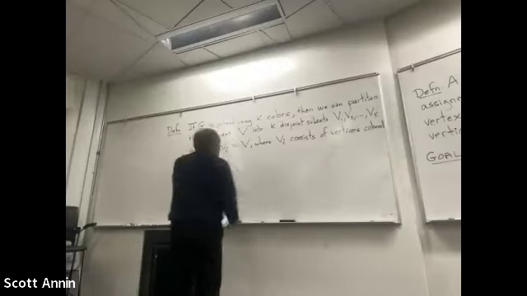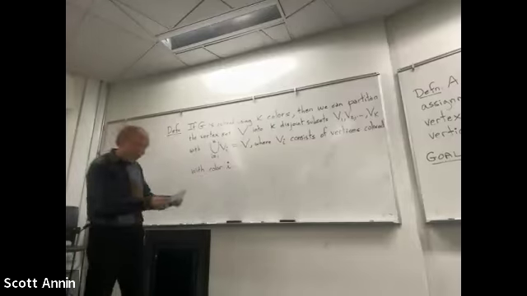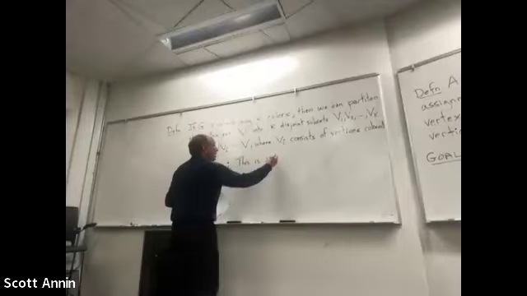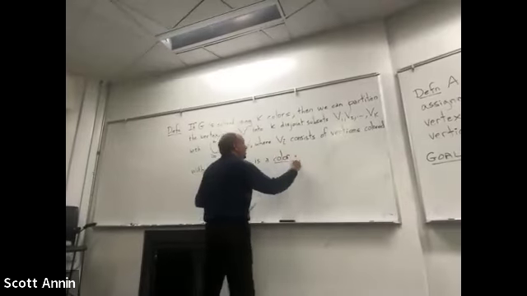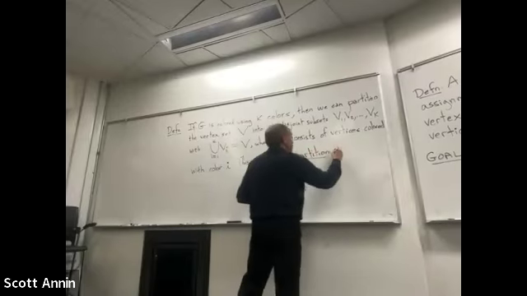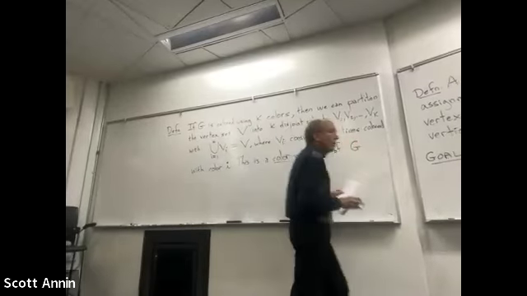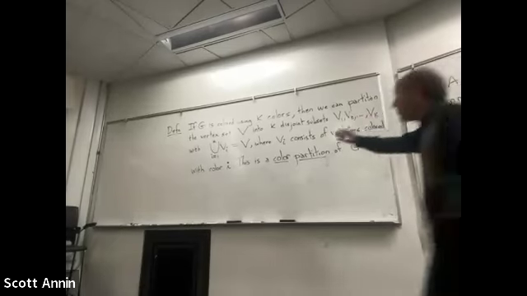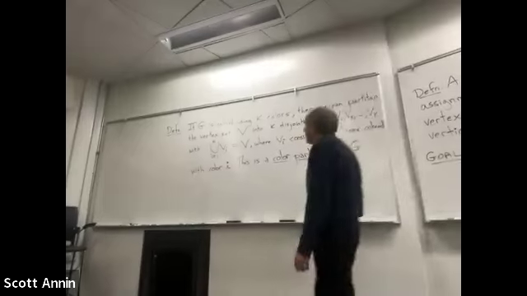This is called a color partition of G. Nothing really that deep about it. You're just breaking up the vertices into these groups according to which colors they have. The union of all of those camps is the entire vertex set V.